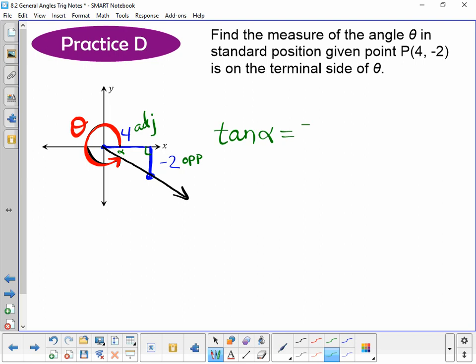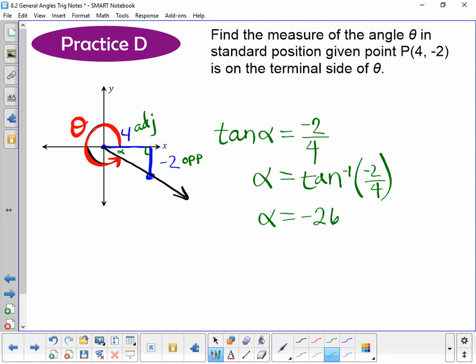So the tangent of alpha is -2 over 4, the opposite over the adjacent. To solve for that reference angle, I would take the inverse tangent. And if I allow my calculator to calculate that, I find that this reference angle is -26.6. So it's giving me a negative angle here.